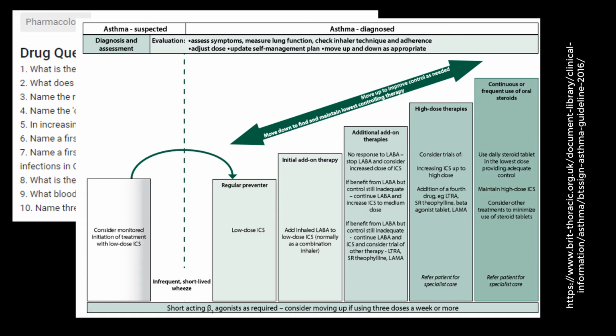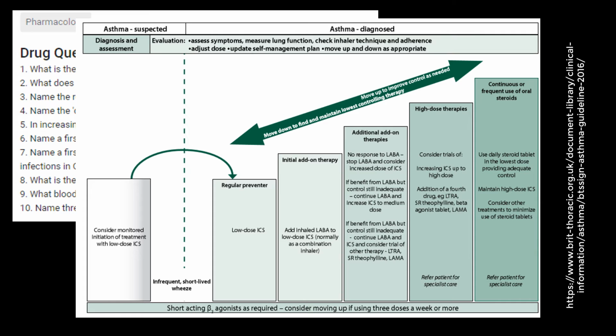Moving on to the high dose therapies, you should consider trials of increasing your inhaled corticosteroid up to a high dose, so that's 2,000 micrograms a day or something like that. Addition of a fourth drug such as a leukotriene receptor antagonist like montelukast again, slow release theophylline, a beta agonist tablet, or a long-acting muscarinic antagonist such as tiotropium again. You should refer the patient for specialist care at this point.